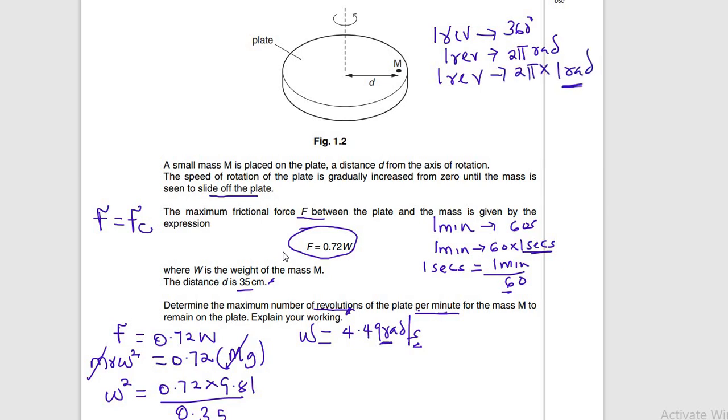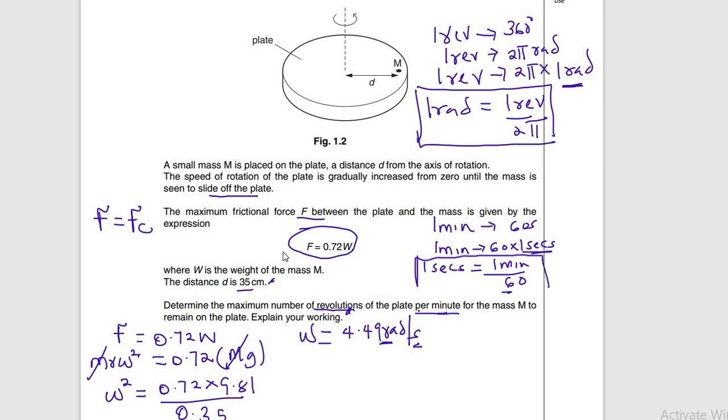Making 1 radian the subject, that will be 1 revolution over 2π. So 1 radian means 1 revolution over 2π, and 1 second is 1 minute over 60. This is what I need to convert it.